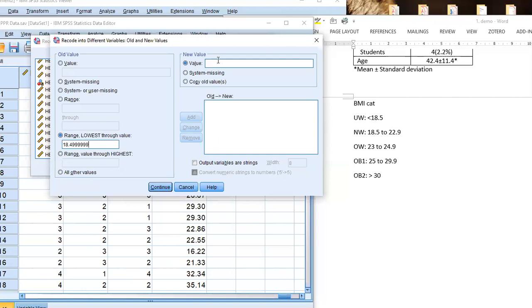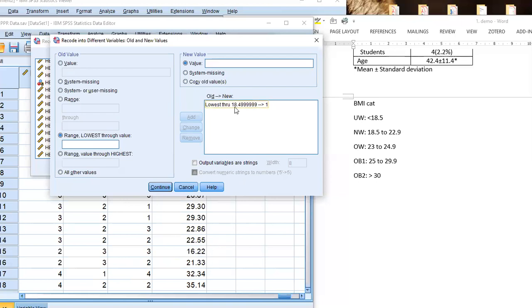This will be value 1. All the BMI values from the lowest, 15, 16, 17, 18, until 18.499 will be grouped into this value. Like 16 here, it will become 1 because it is below that value.